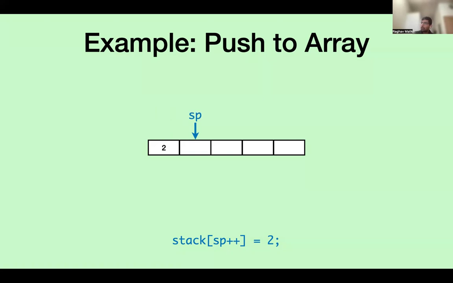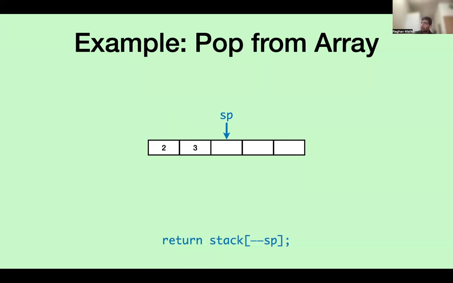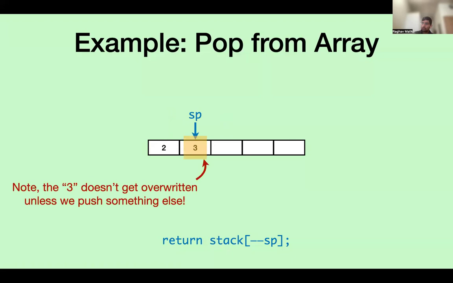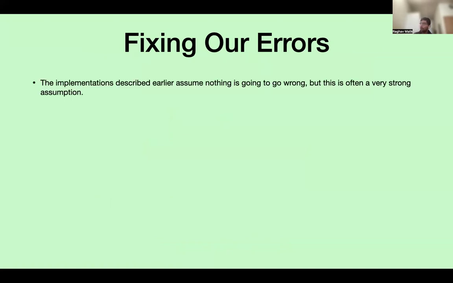Okay, so moving on. Right, okay. So if you remember, we had some errors here, right? The implementations we described earlier were meant to work assuming that nothing was going to go wrong, right? In particular, this can be a pretty strong assumption.